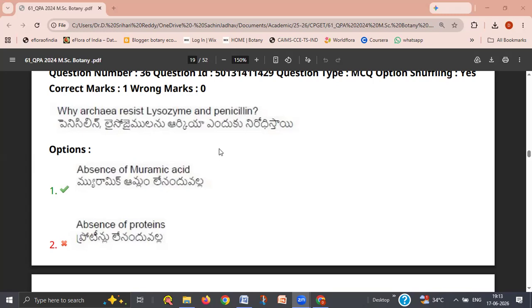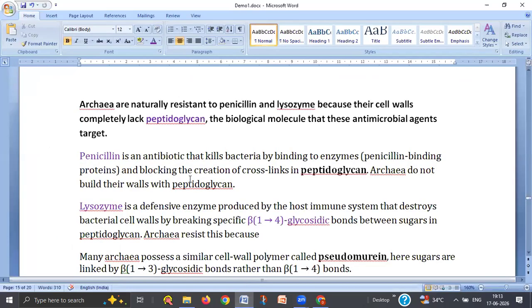So here, what are the archaea? These are naturally resistant to penicillin and lysozyme because their cell walls completely lack peptidoglycan. So that is the answer actually. What is peptidoglycan? It is the material composed of NAM, that is N-acetyl muramic acid, and NAG, that is N-acetyl glucosamine.